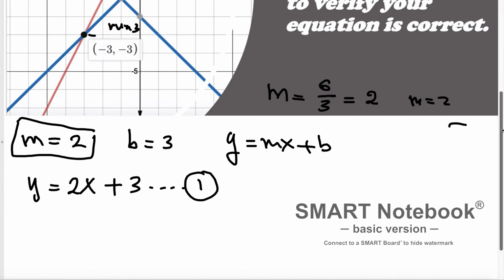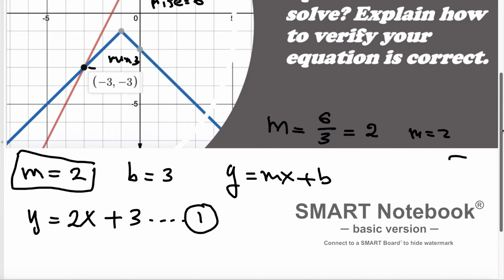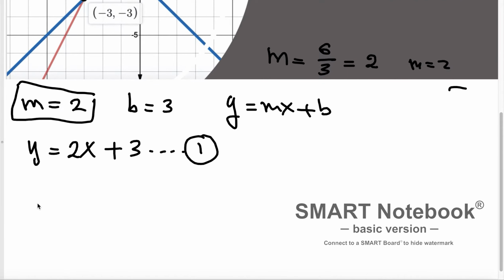And now we are looking to find this equation here. We already see this is an absolute value equation. And we already know the parent function of absolute value equations is y is equal to the absolute value of x. So this is the parent function.